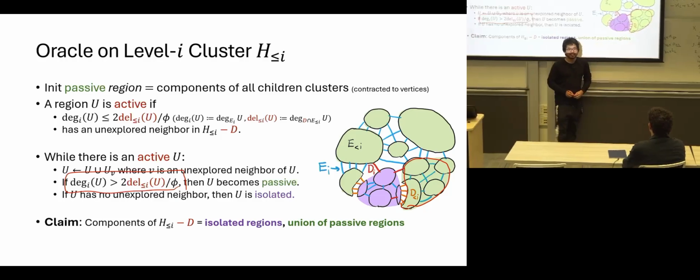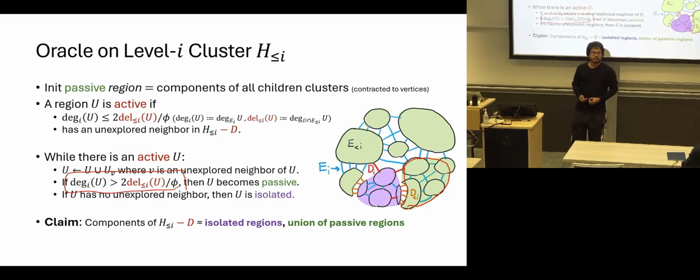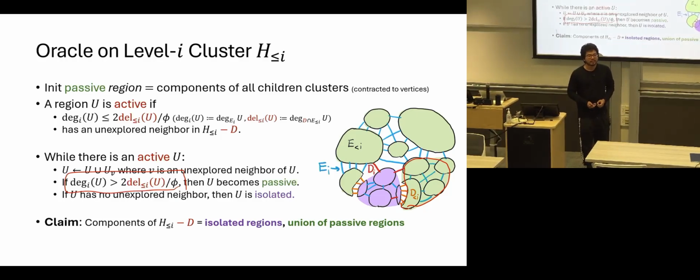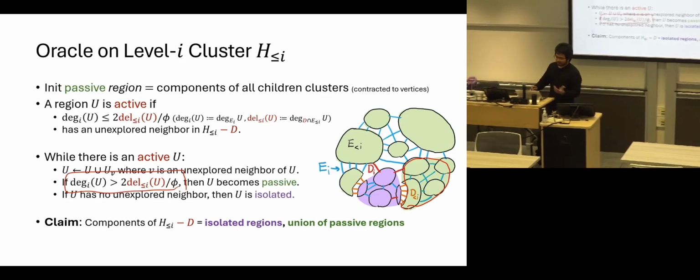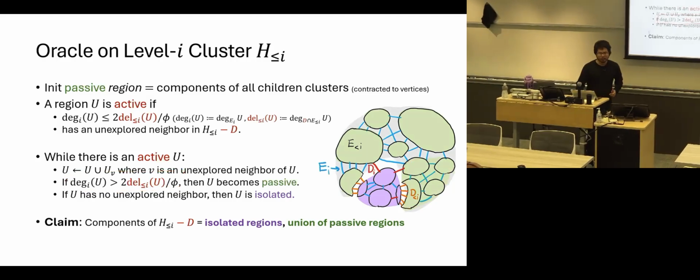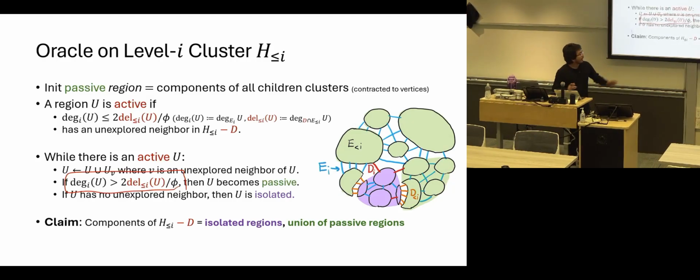But the most important part is that the union of all the green parts has to be one component. So the claim is that there are still many passive regions, but we claim that all the passive regions are actually in the same component.